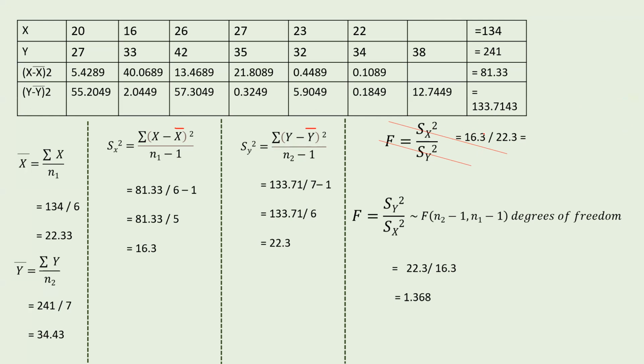For that reason, we have to change the formula here. So now Sy square divided by Sx square becomes the formula, which will follow F of N2 minus 1 comma N1 minus 1. In that case, if we substitute the values, it will be 22.3 divided by 16.3, which gives the answer 1.368.